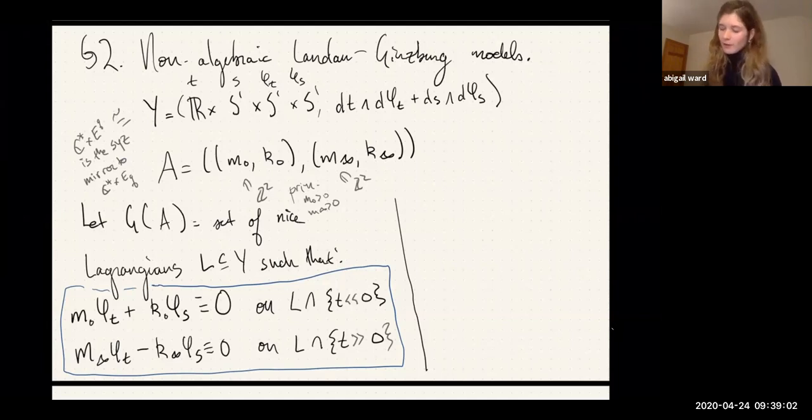So you should really think about this in R mod Z. And then on the other end, you have a similar condition, but with the other parameters.